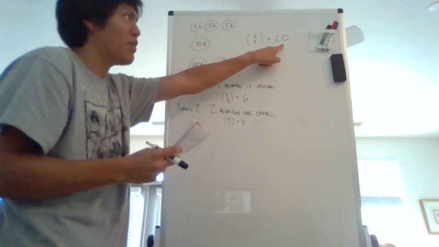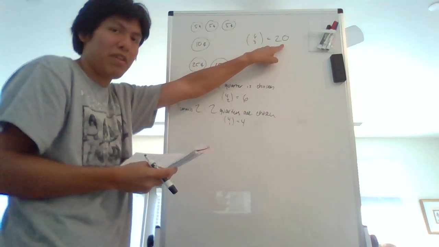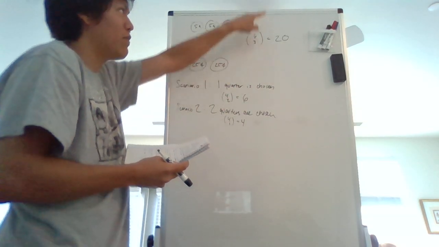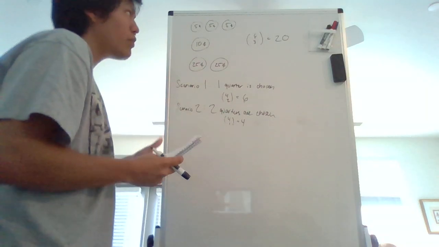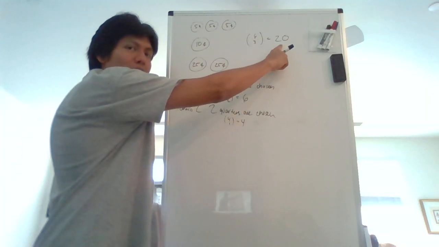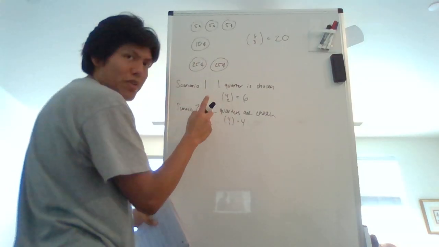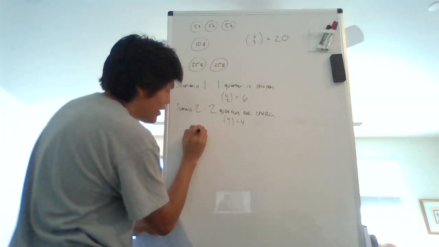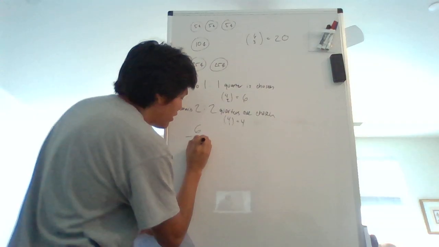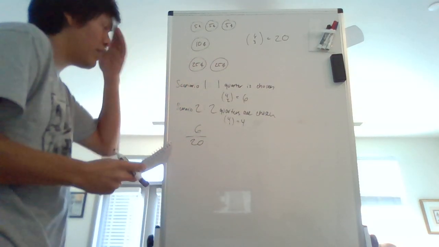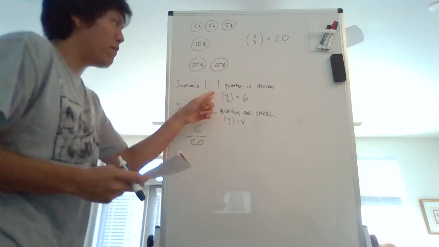And we said that there were a total of 20 possible combinations of choosing 3 coins from all 6. So this is going to be our denominator. For scenario 1, that would give us a 6 out of 20 probability from choosing 1 quarter.